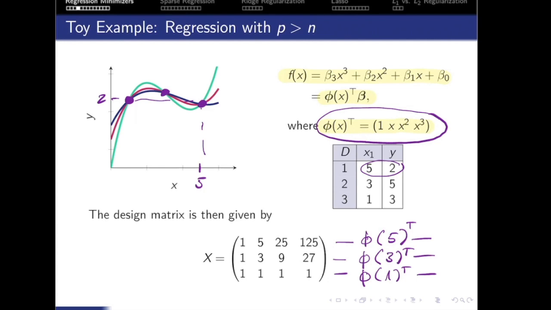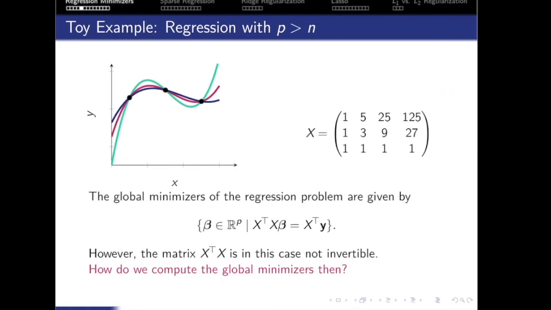Then we have our design matrix, and we had the formulation of the residual sum of squares problem to minimize the residual sum of squares, and we got as a result that our solutions are given by this set of regression parameter vectors beta.